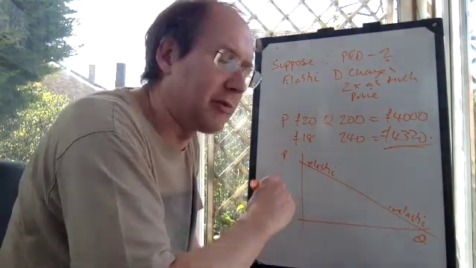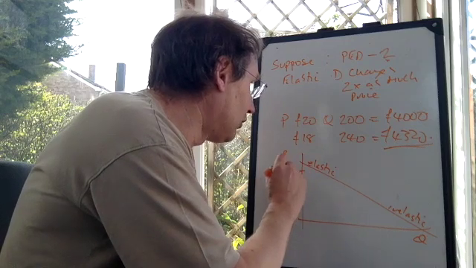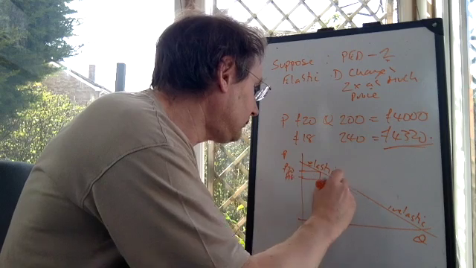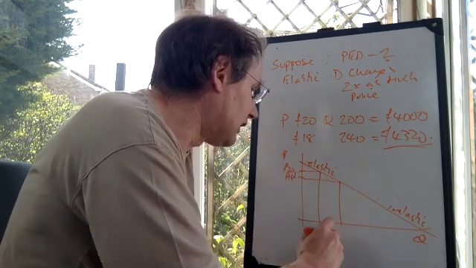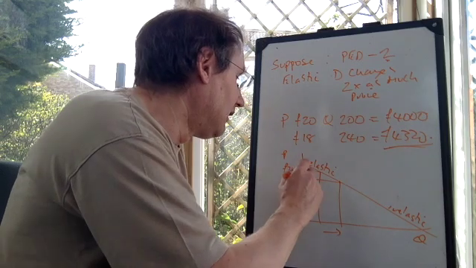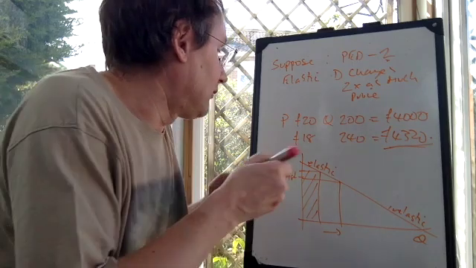I'll probably say more about that if I get on to do some theory of the firm diagrams. So let's call that 20, let's call that 18. What we can see is that a given change in price has led to a much more than proportional increase in demand, and whereas revenue originally was that bit, revenue has now risen to that area there.